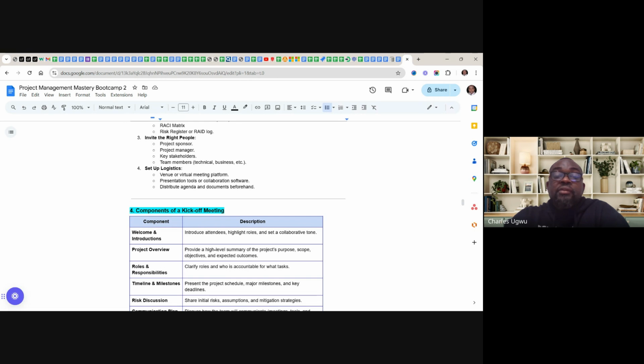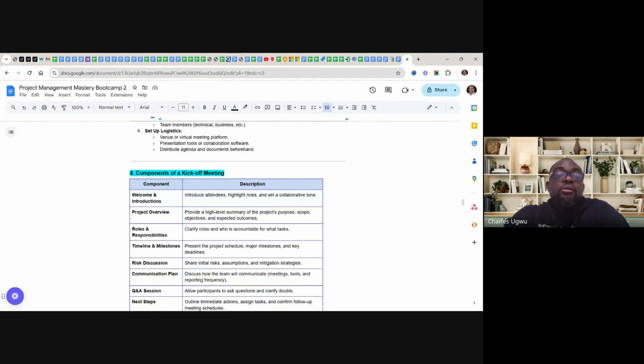Looking at some of the components we can come up with here, looking at this table: number one is welcome and introduction, introduce attendees, highlight rules, and set a collaborative tone. Then project overview, provide a high-level summary of the project purpose, scope, objective, and expected outcome.